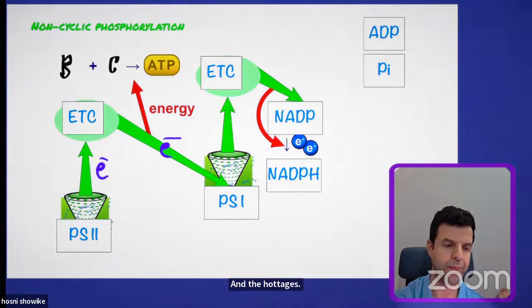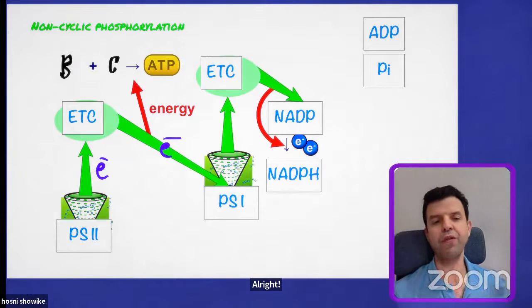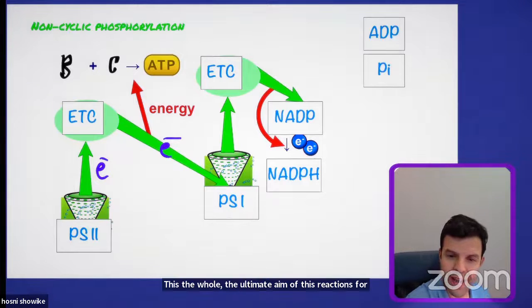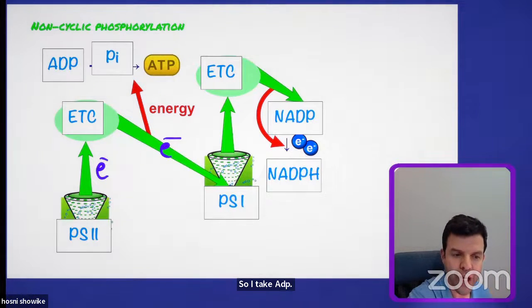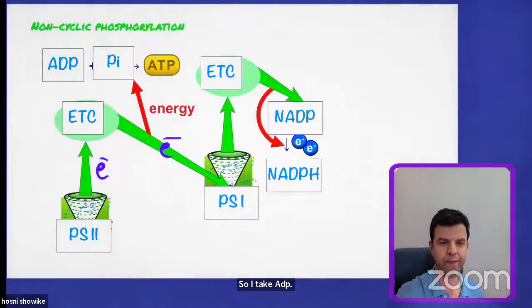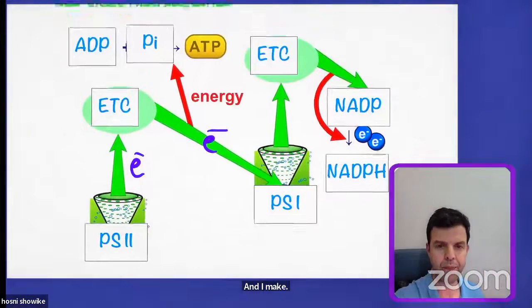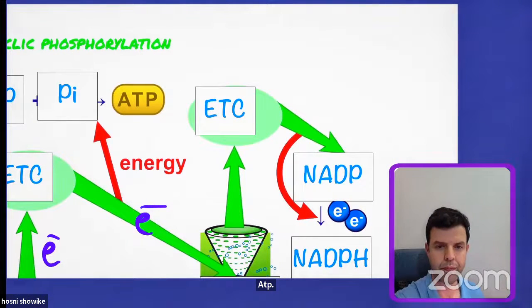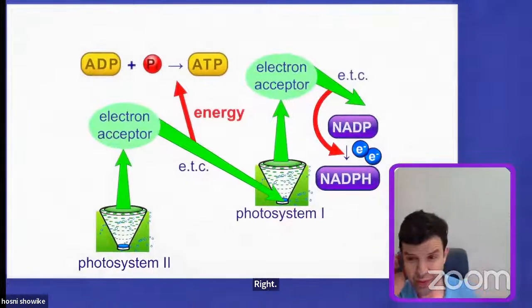All right? The ultimate aim of this reaction is for what? Is to phosphorylate. So I take ADP, I combine it with a phosphate here, and I make an entire molecule of ATP, right? So this is the entire event.